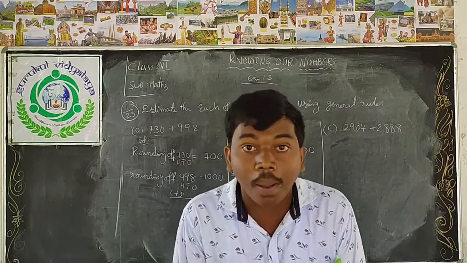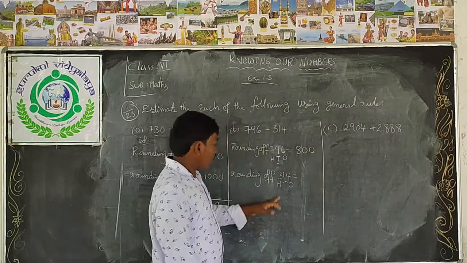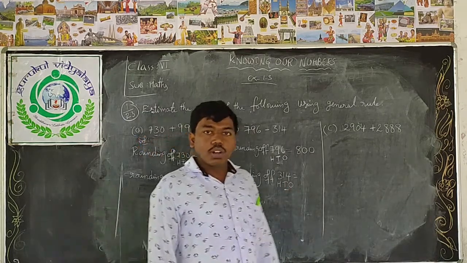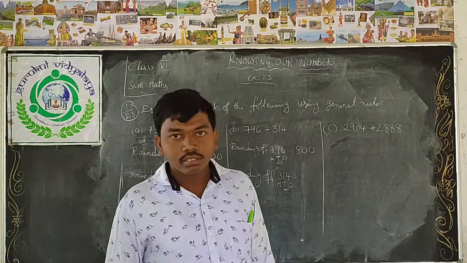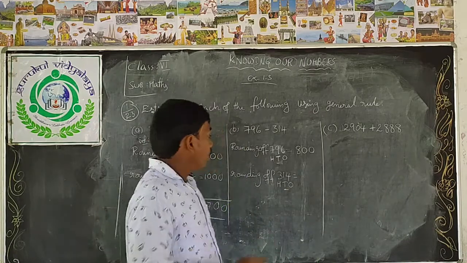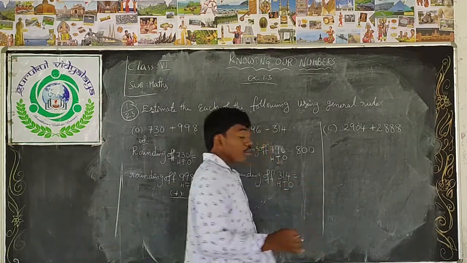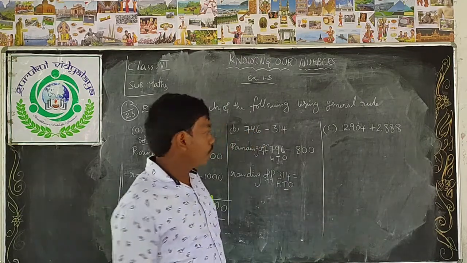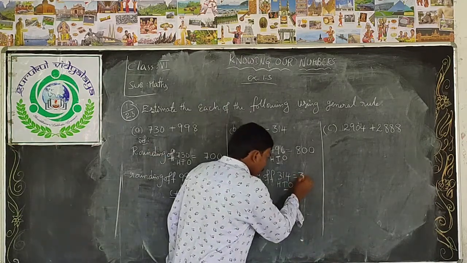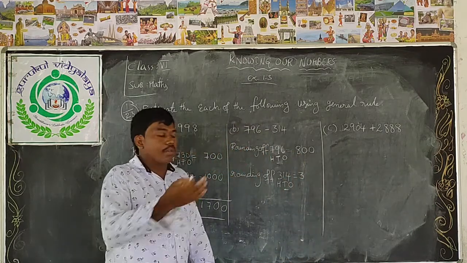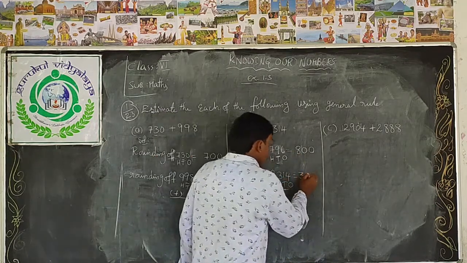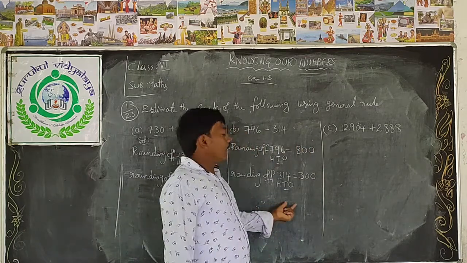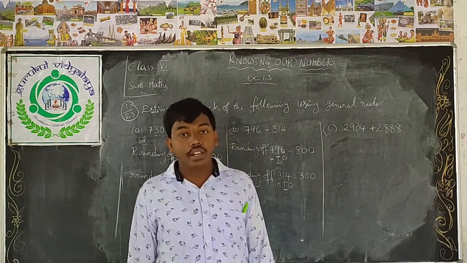What is the tens place value? 1. Is 1 less than 5? Yes, less than 5. If it is less than 5, don't change. No need to change the hundreds place value. Keep it the same, 3. The remaining ones place and tens place become 0. That is 300. 314 is rounded to 300.